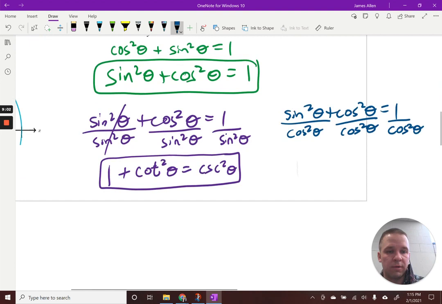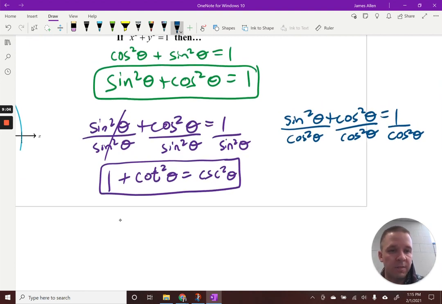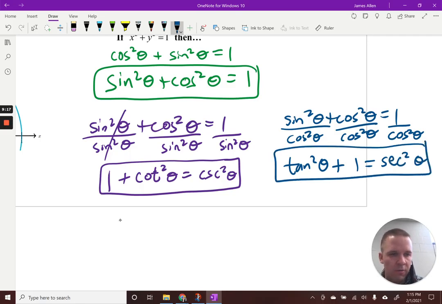Still mathematically equivalent. Just change the look. Sine squared over cosine squared, that's going to be tangent squared theta plus 1 equals secant, not sine, secant squared theta. So now, from 1, we have 2 more for a total of 3.